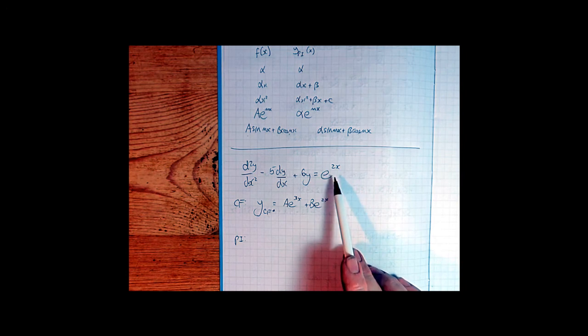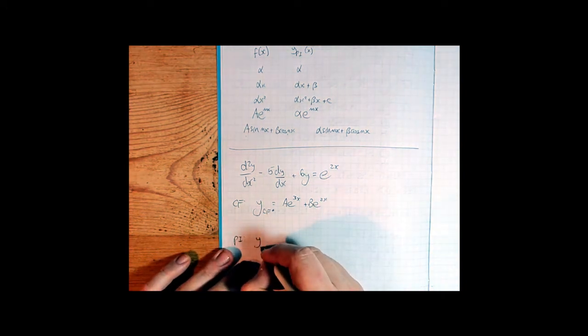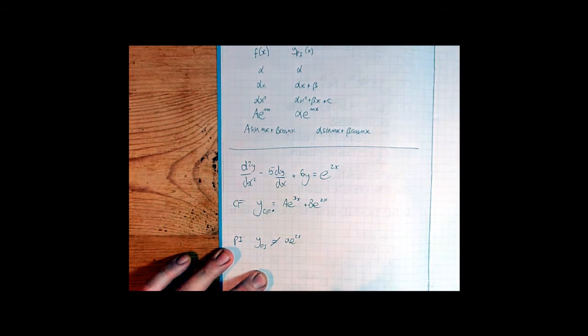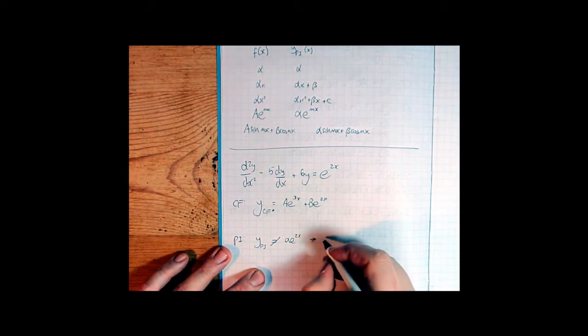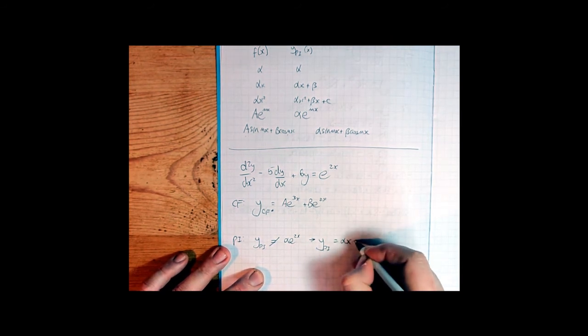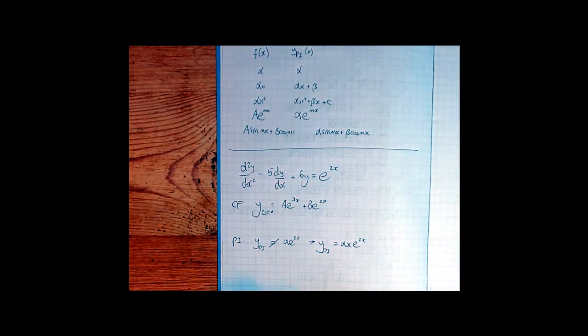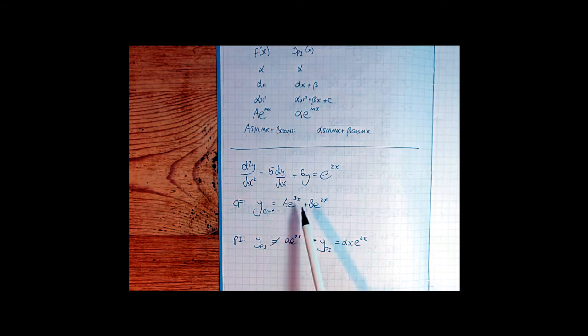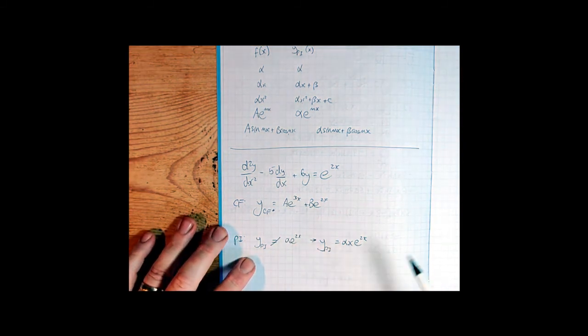So I can't use alpha e to the 2x. It does work though if I multiply this term by x. So if my particular integral that I want to try appears in the complementary function, I need to multiply by x, and it does work.